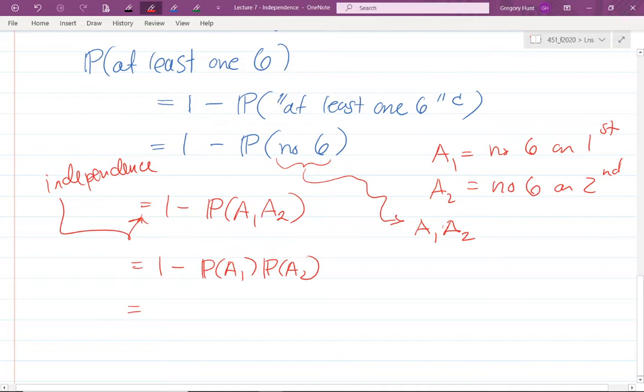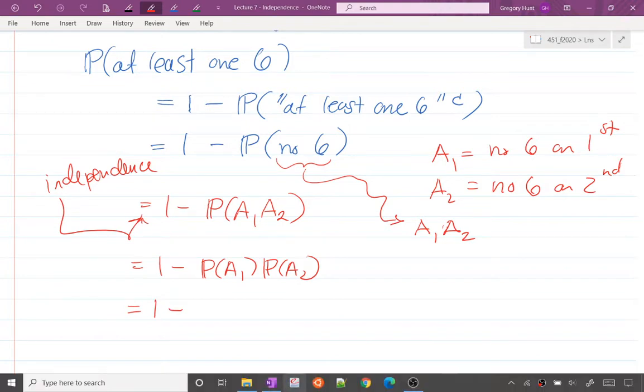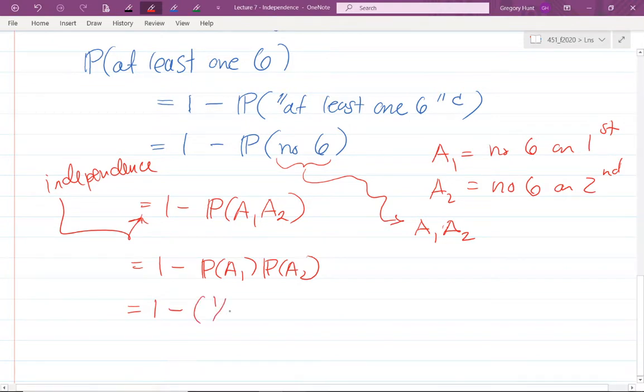And both of those are pretty simple to calculate, right? The rolls are equally likely. The probability of no 6 on the first roll is, oops, I'm sorry, it should be 5/6, and no 6 on the second roll should also be 5/6.